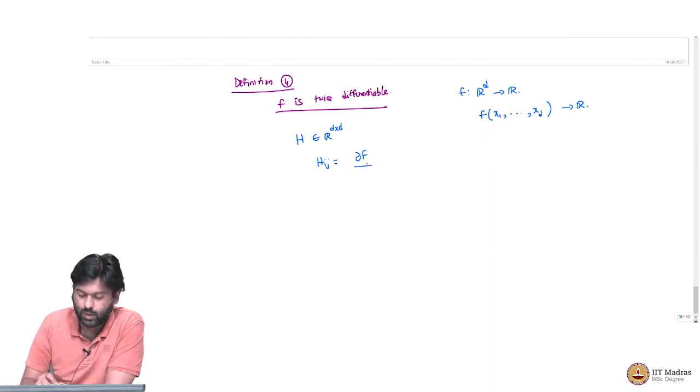So this is going to be the partial derivative with respect to xi and xj.